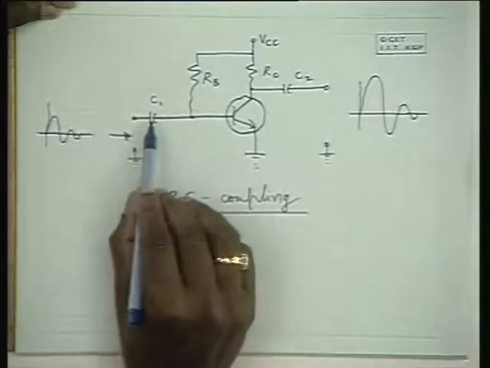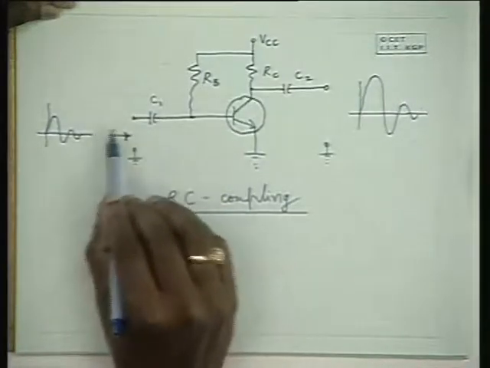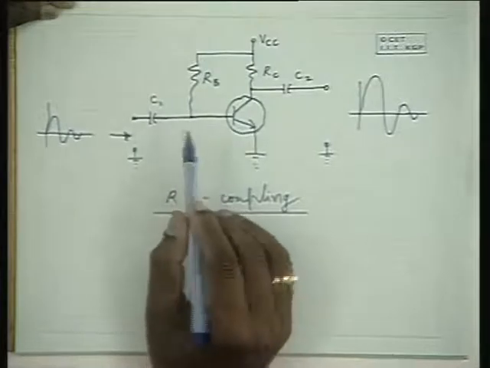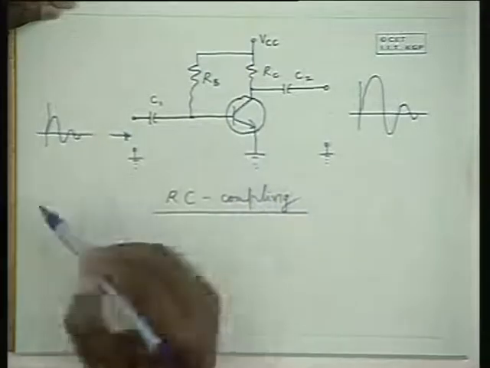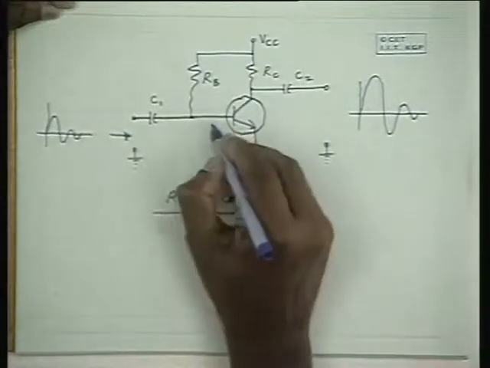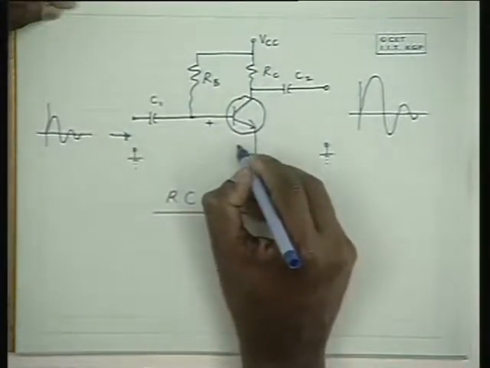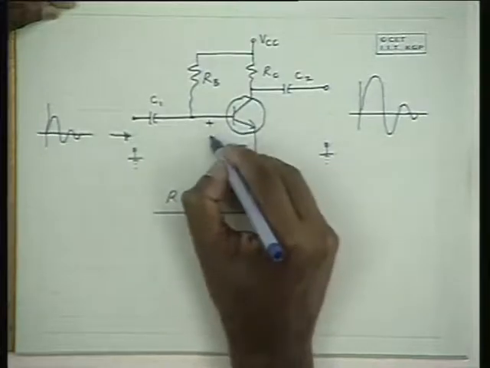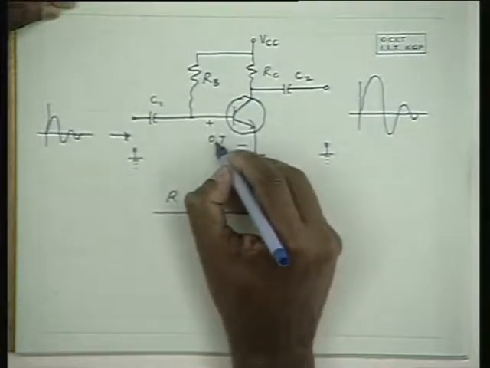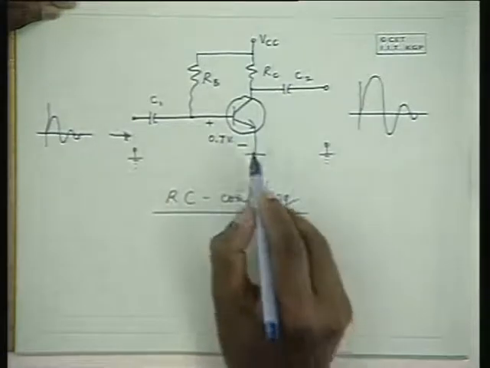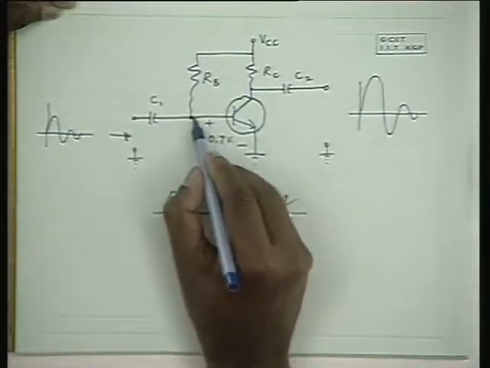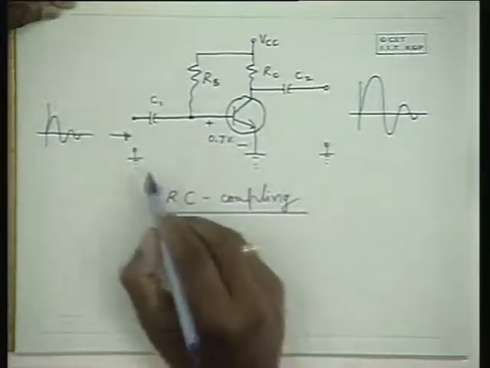Now, how does the capacitor couple alternating signals and avoid the DC signals to be coupled? Please note that in this circuit, under active region, if it is a silicon transistor, the voltage here is about 0.7 volts. That means this point is at plus 0.7 volts with respect to the ground.